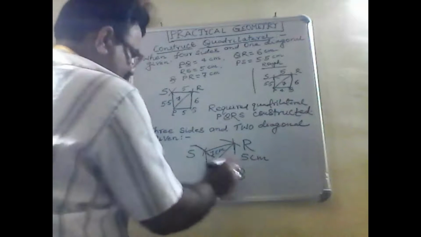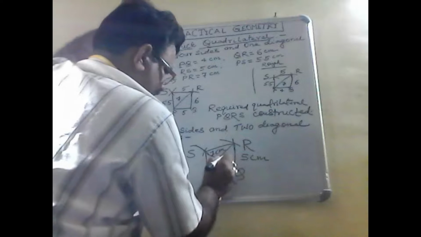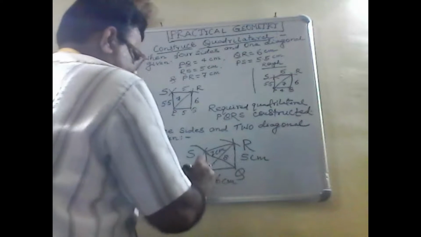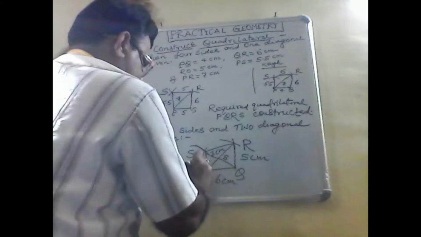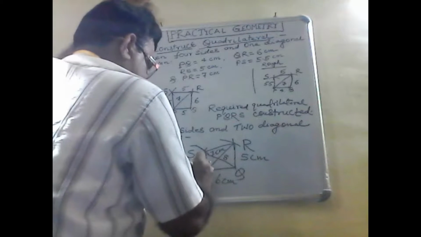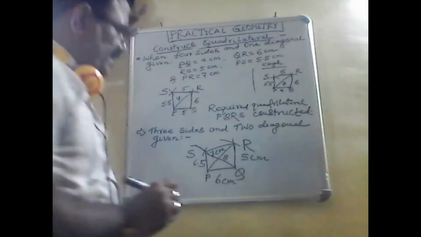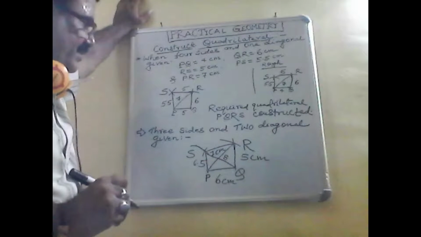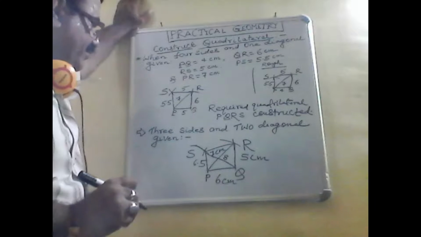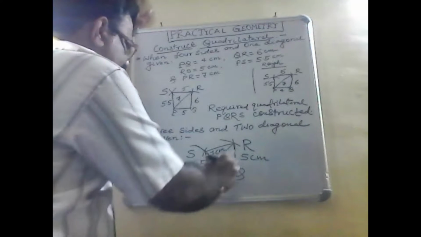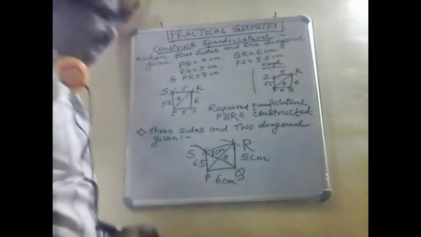Suppose this SQ is 8 cm and this side is given as 6.5 cm. Thus with two diagonals and with the help of three sides we can construct the quadrilateral PQRS.